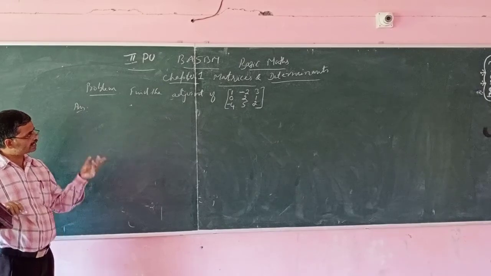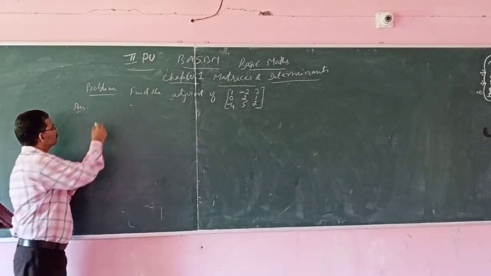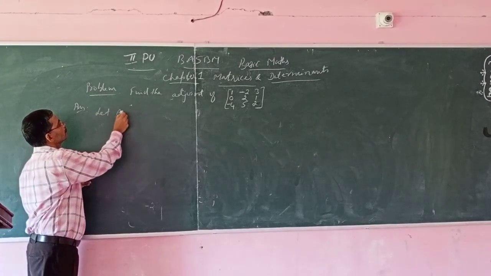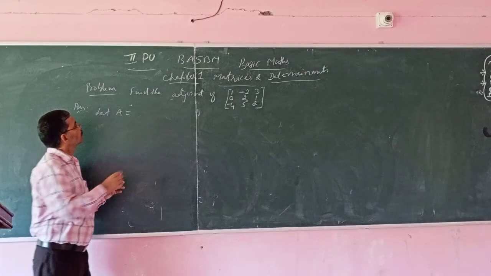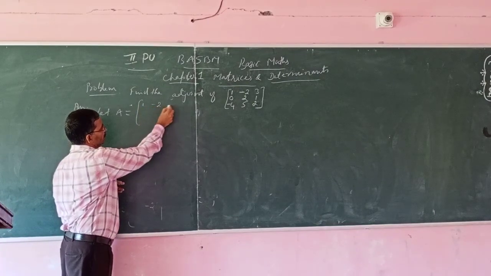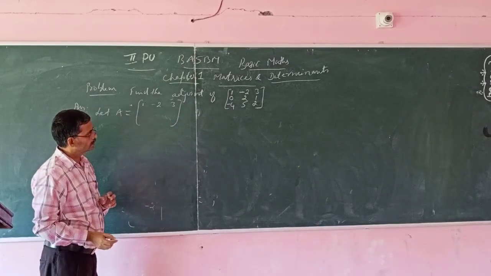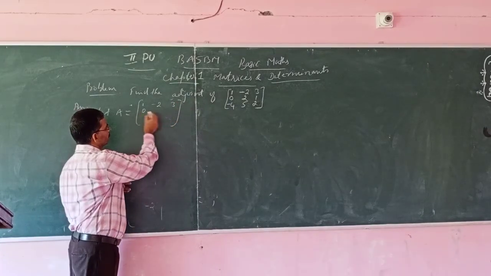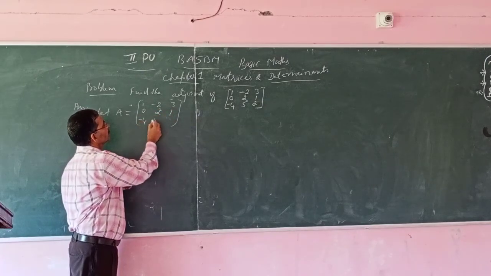Let us call it A. Let A equal to 1 minus 2 3, next 0 2 1, minus 4 5 2.